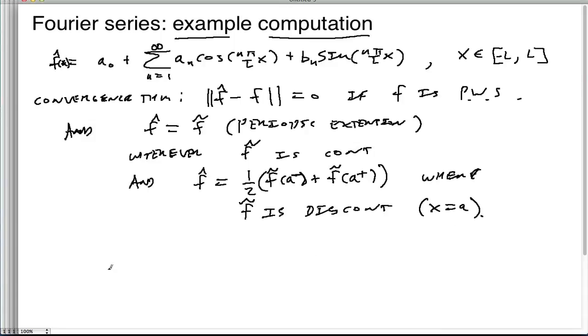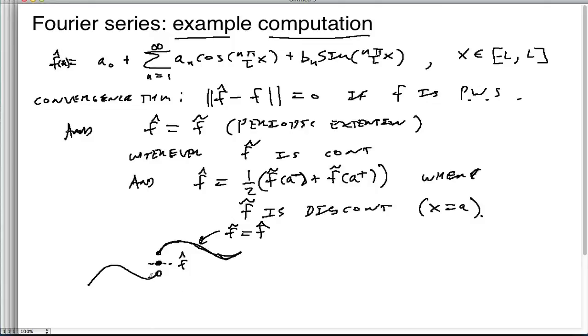Okay, so again the idea here is if you have a discontinuous point, f tilde, the periodic extension, and f hat, the Fourier series, are equal to each other wherever f tilde is continuous, but at points where there's a discontinuity, at that point right there, f hat, the Fourier series, takes the average between the two.